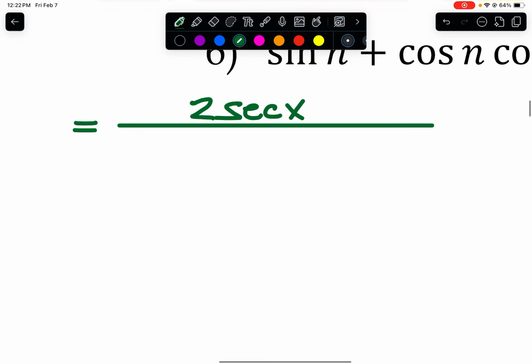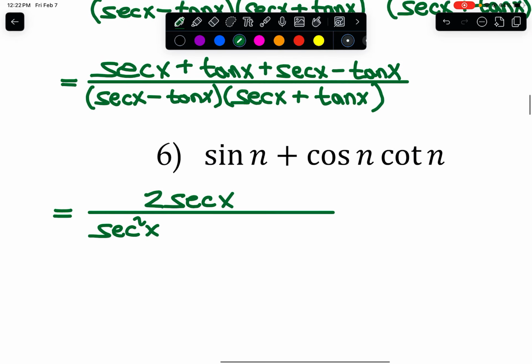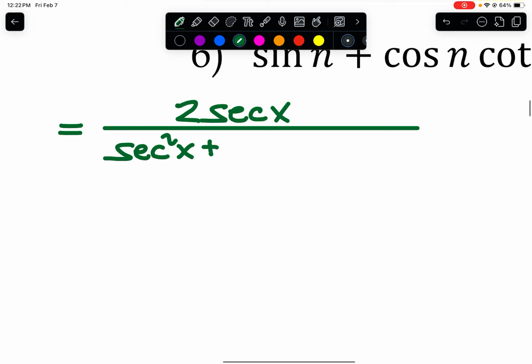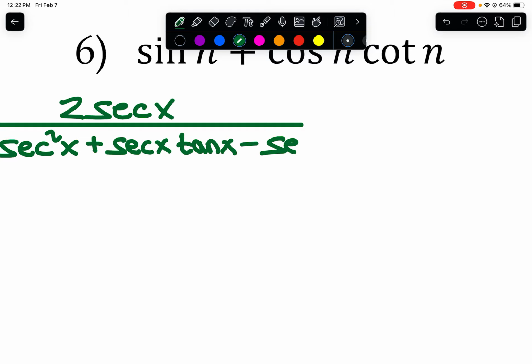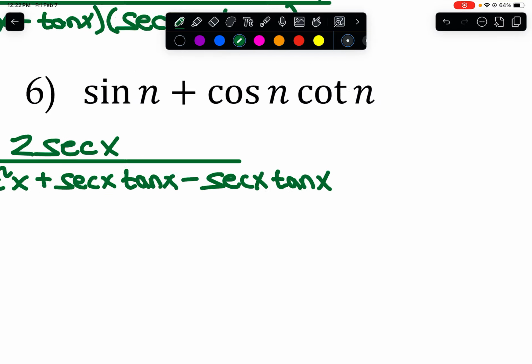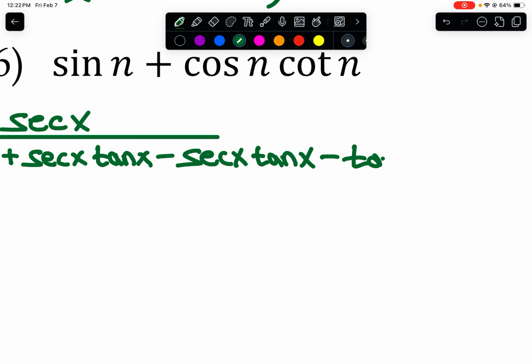And then that's going to give me secant squared x when I do the double distribution, then plus secant x tangent x minus secant x tangent x, and then minus tangent squared x.